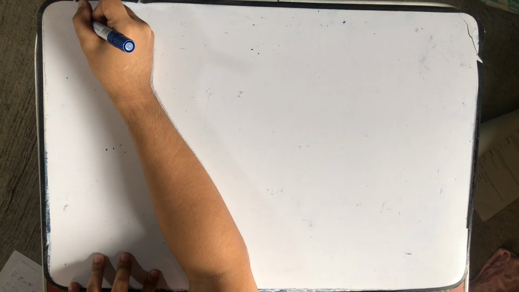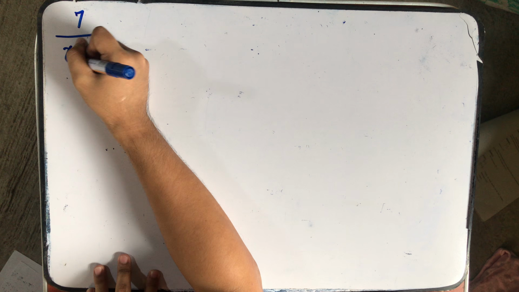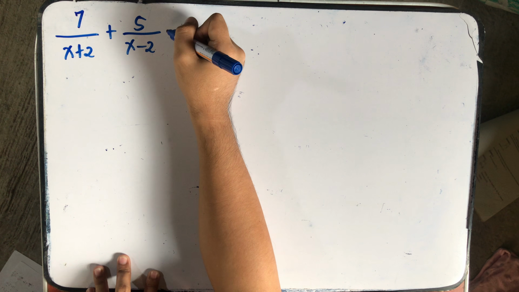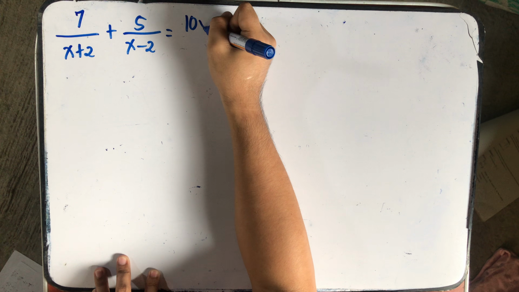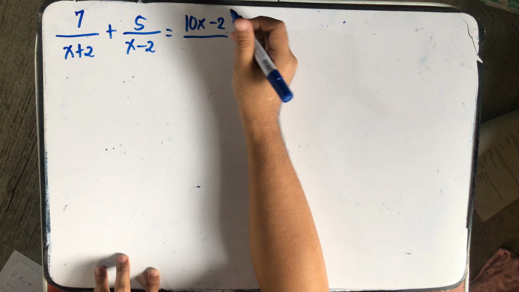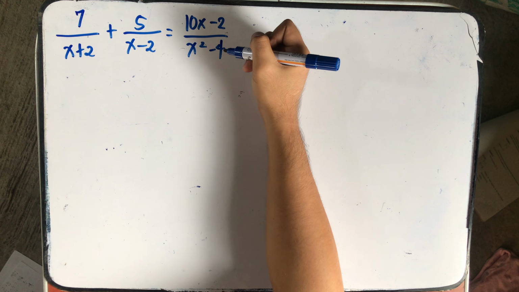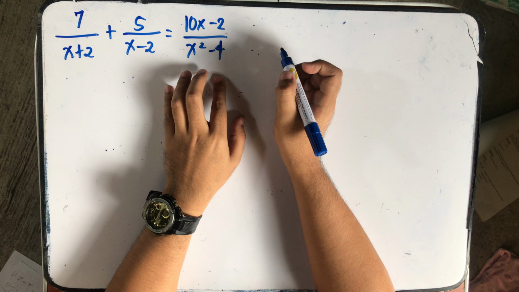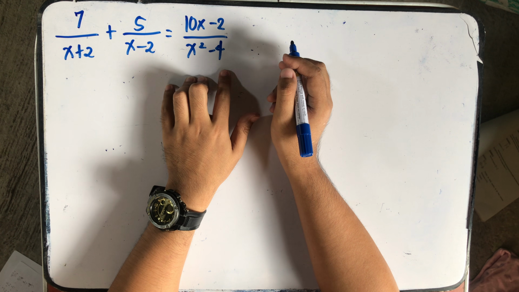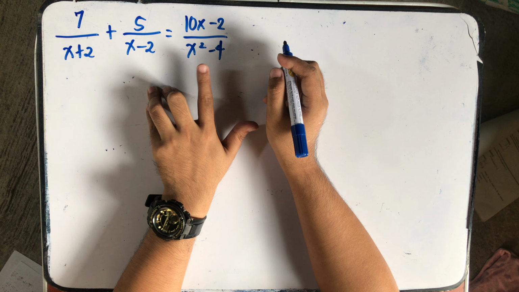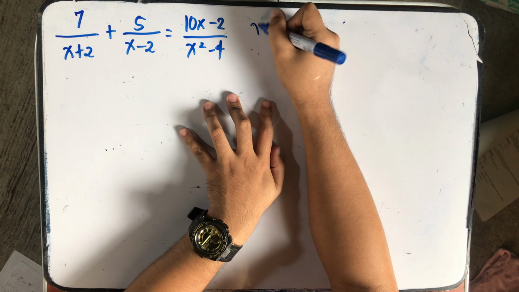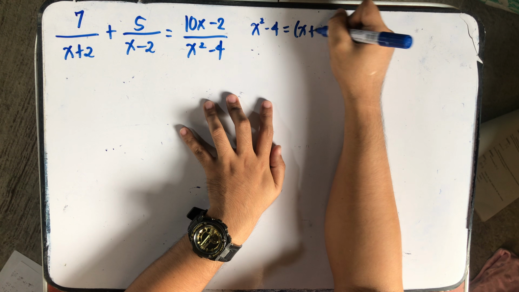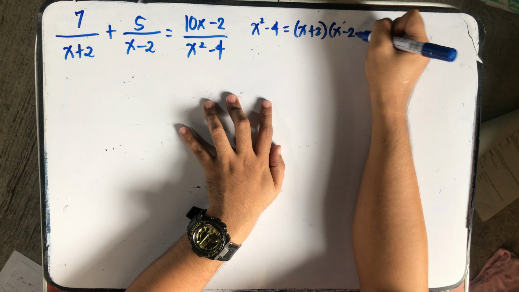What if we are now given 7 over x plus 2 plus 5 over x minus 2 is equal to 10x minus 2 over x squared minus 4. So, we are given again x squared minus 4. Therefore, is 4 a perfect square? Yes. So, x squared is also a perfect square. Therefore, x squared minus 4, a difference of squares, is also equal to x plus 2 times x minus 2.